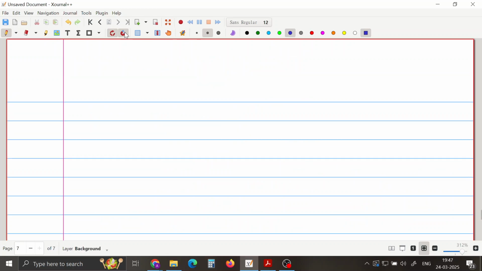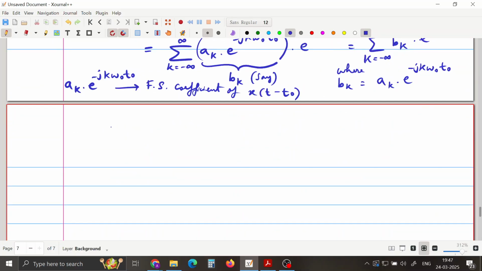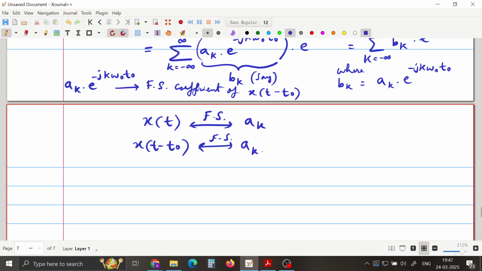Basically what we concluded is that if x of t has Fourier series coefficient ak, then x of t minus t naught has Fourier series coefficient ak into e power minus jk omega naught t naught, right? This is one property.